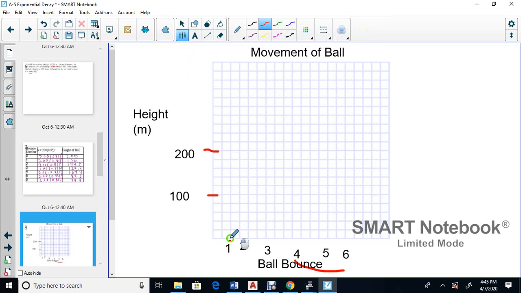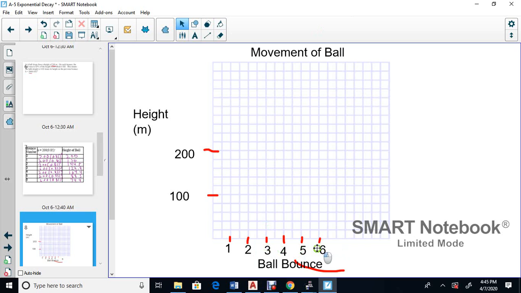So 1 will go here, 2 will go here, 3 will go there, 4 will go here, 5 will go here, and 6 will go here. And I'll just use my mover to move it underneath the right place this time.